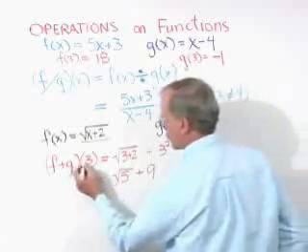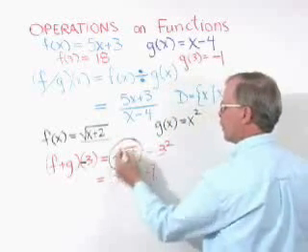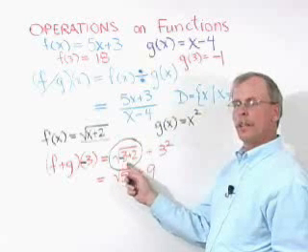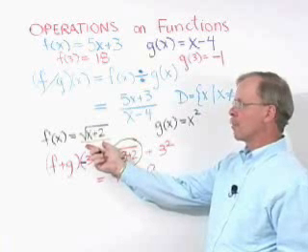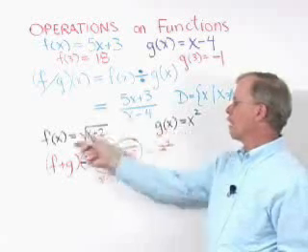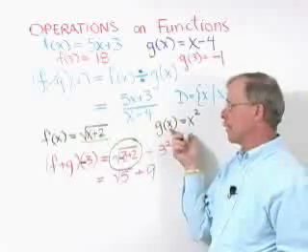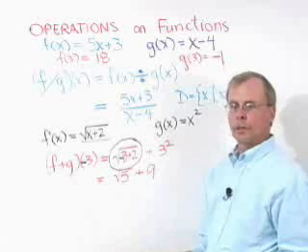If I had asked for negative 3, then I would have had a non-real number here. I would have had the square root of negative 1. So we have to understand from the beginning that we must stay in the domain of f and g, the combined domain of f and g, in order to appropriately do these arithmetic operations.